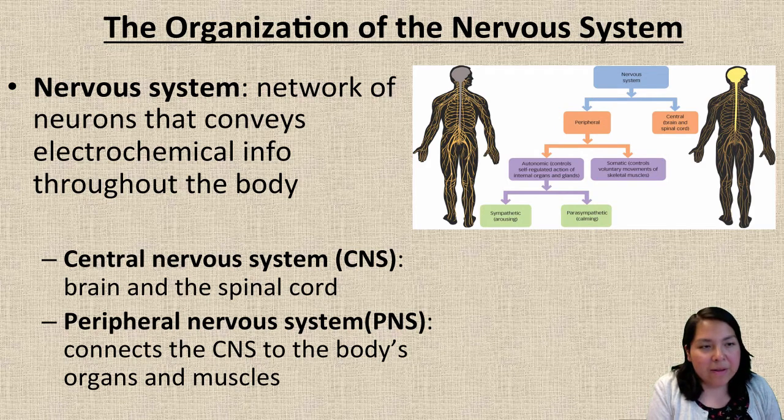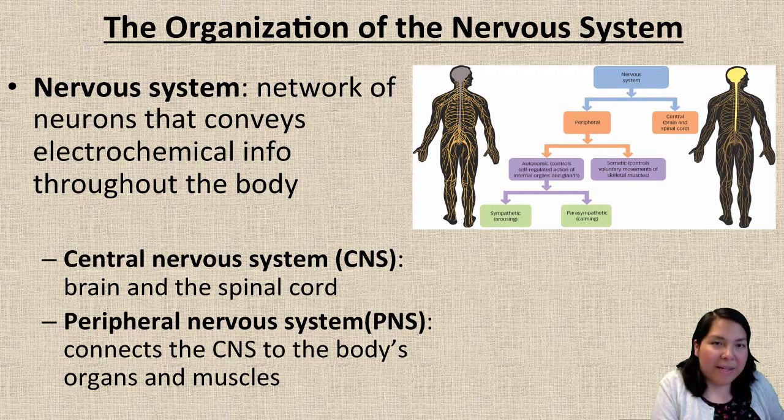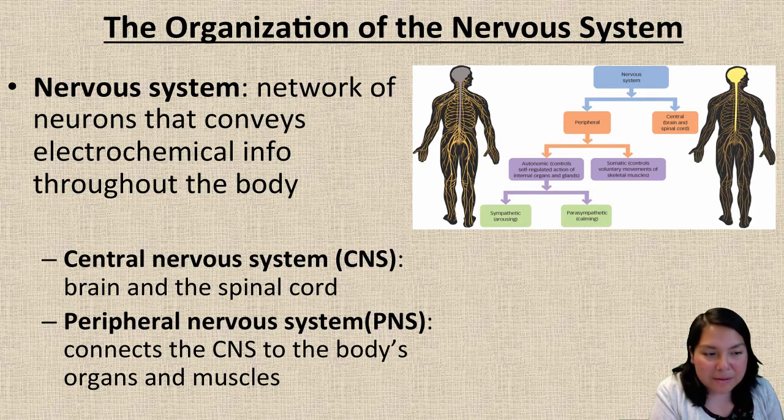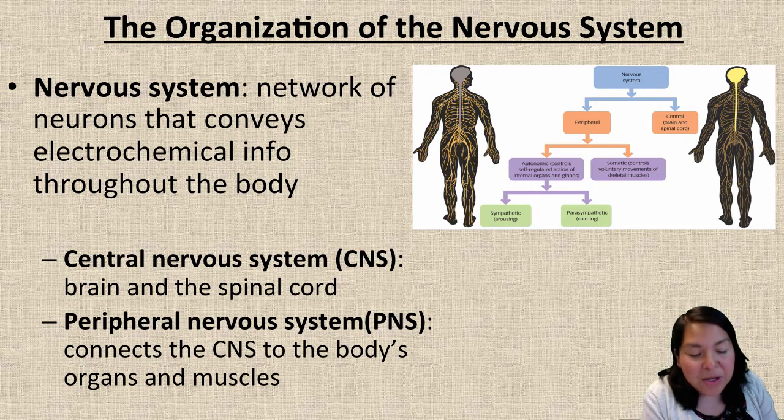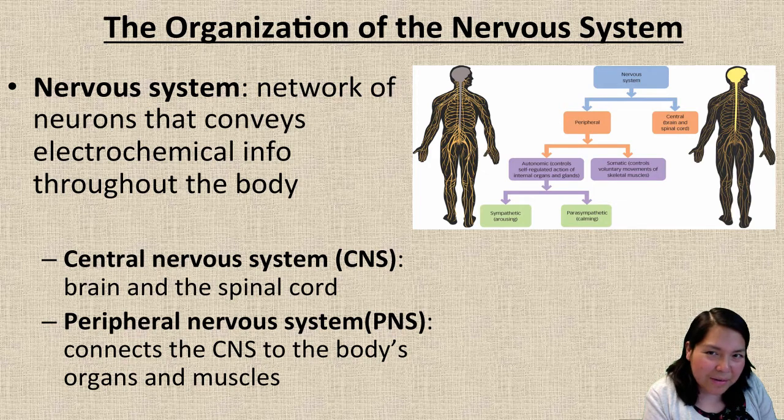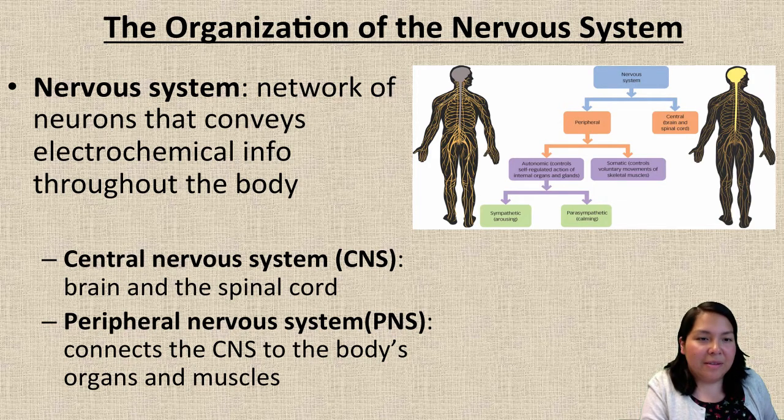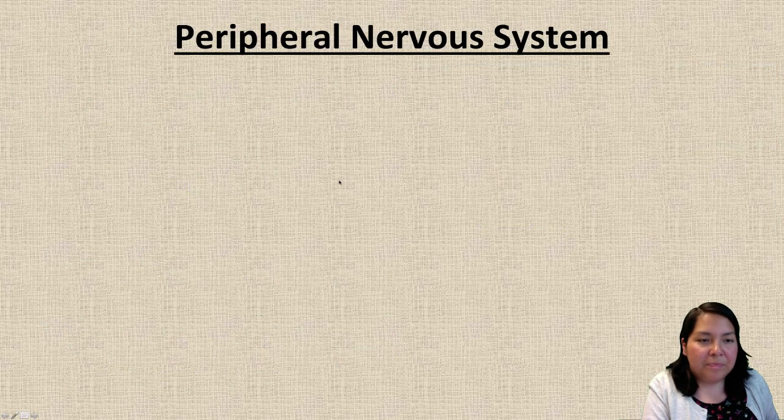The second system that makes up our entire nervous system is the peripheral nervous system. The PNS for short connects the central nervous system to the body's organs and muscles. It also houses the somatic nervous system, which we'll see here.